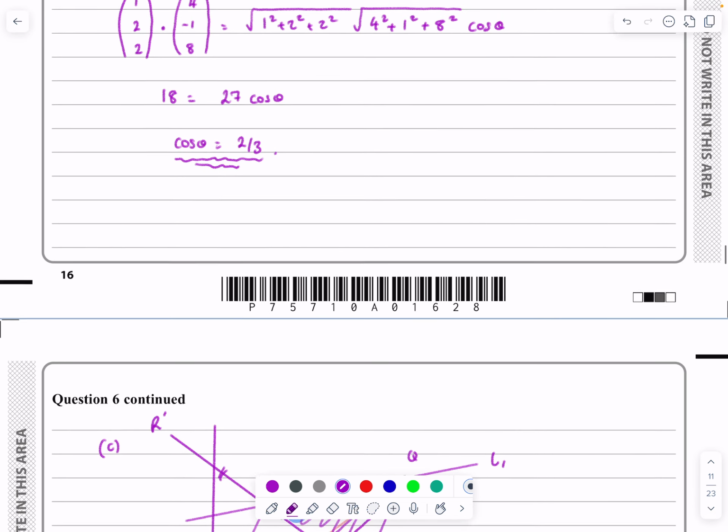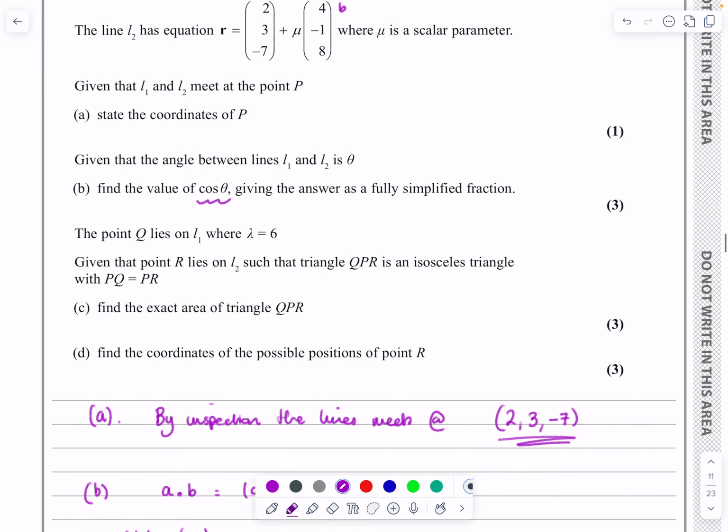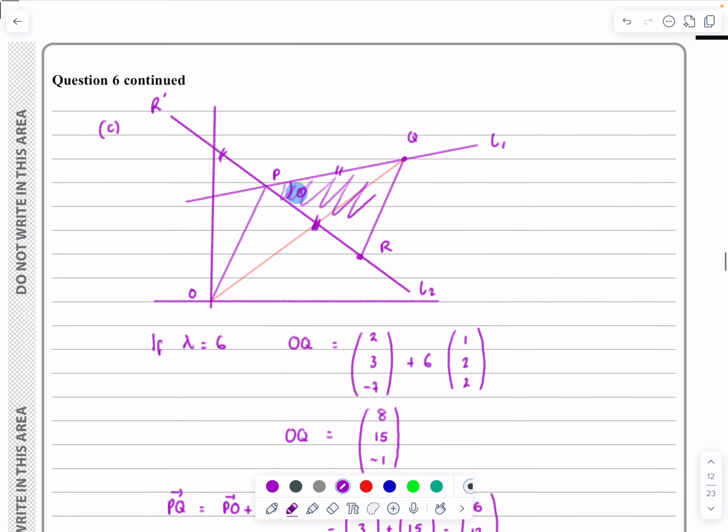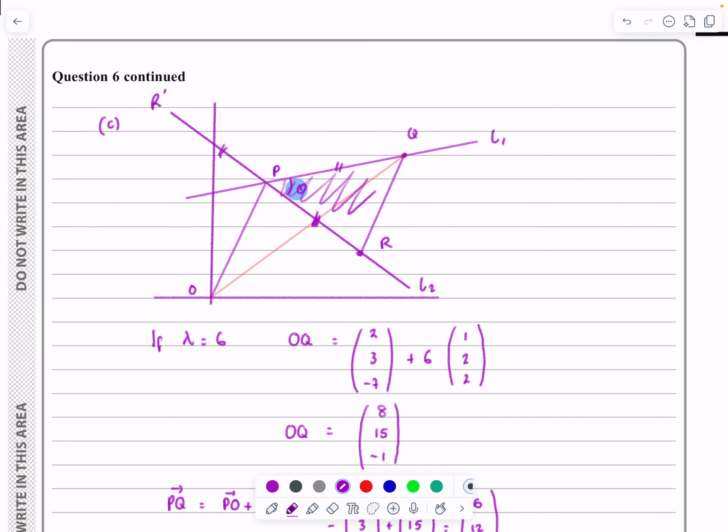So now if we go back to the original part up here, then the line we're looking for, OR, is going to be (2, 3, minus 7), plus or minus that mu, because the plus will go in one direction and the minus will go in the other direction.